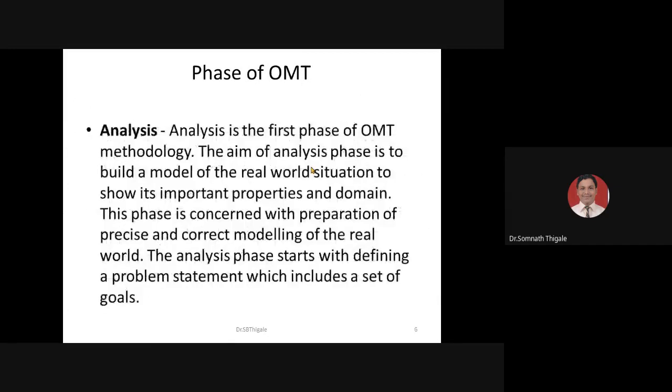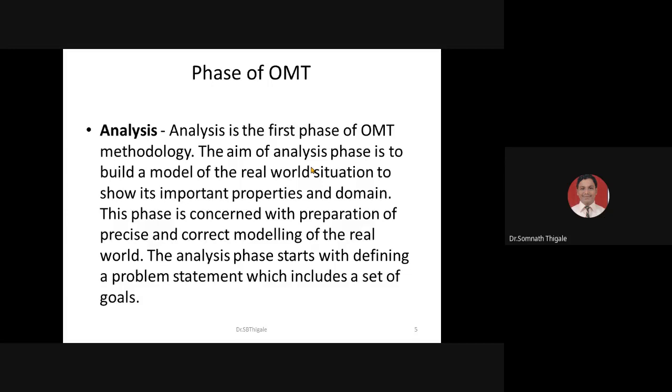So let's see analysis. Analysis is the first phase where we build the model of real world situations to show its important properties and the domain. The phase is concerned with the preparation of precise and correct modeling of the real world. The analysis phase starts with defining a problem statement which includes a set of goals.